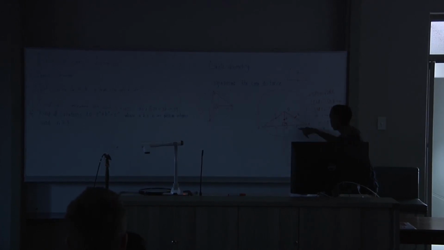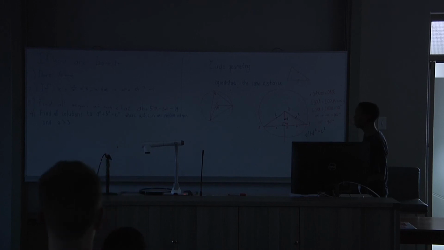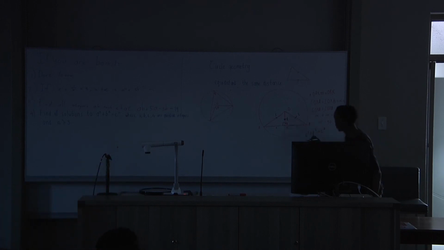And A squared plus D squared is C squared. And using Pythagoras on this triangle, we know that B squared plus D squared is equal to C squared, right?